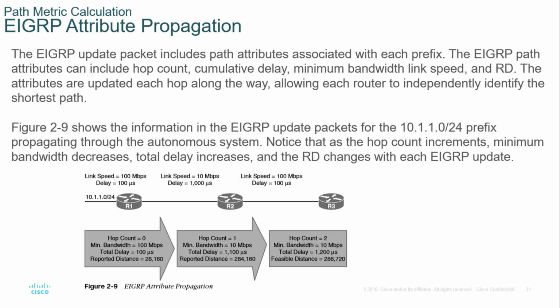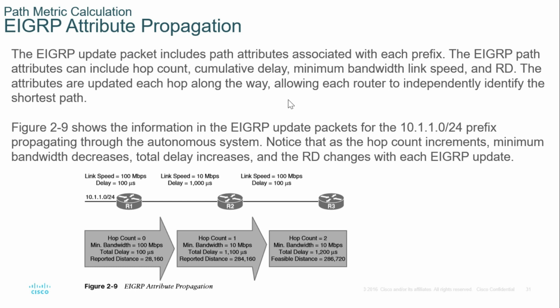So let's look at this topology from router 1 to router 3. For the hop count starting from R1, the hop count is 0, because we start from router 1, and the minimum bandwidth starting here is 100 megabits per second.